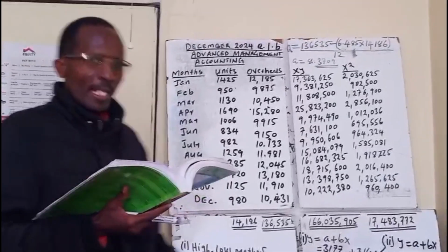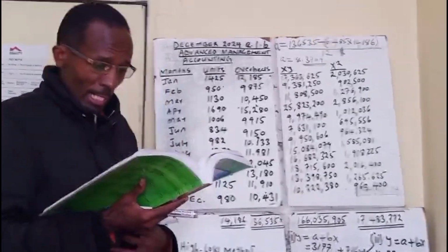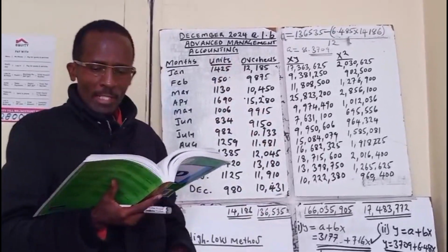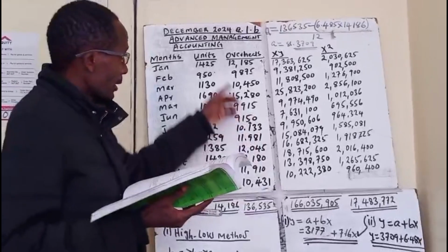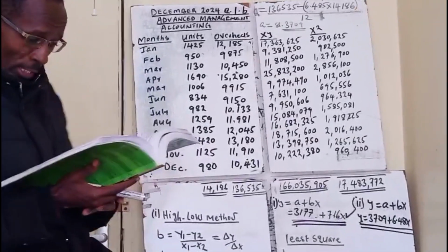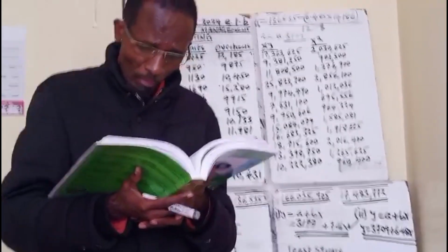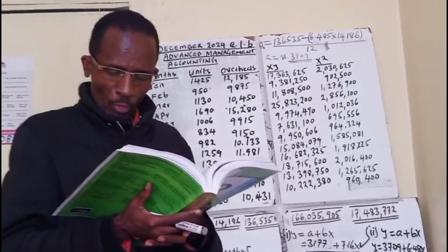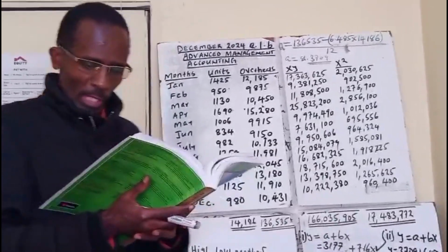These are units, and this represents X, what you find in the X-axis. And then we have the overruns, which you usually find in the Y-axis. This represents the costs. Now, you are told, number one, using high-low method, formulate the overhead cost function in the form of y equals a plus bx.